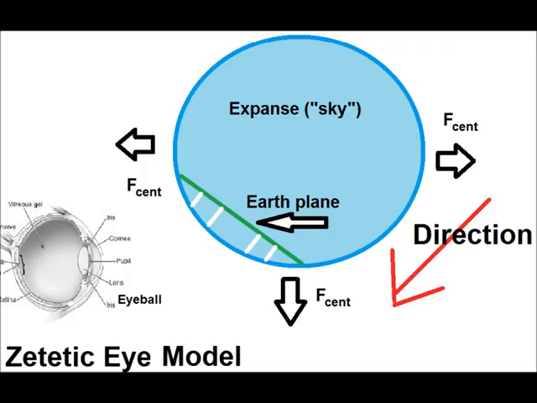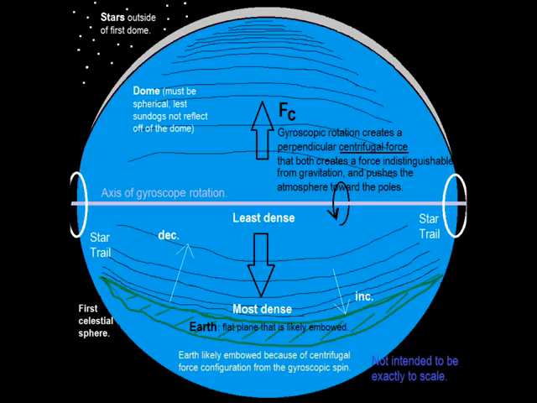The system forms a shape that is like an eyeball viewed from the side, hence the name the Zetetic Eye Gyroscope model for flat Earth.